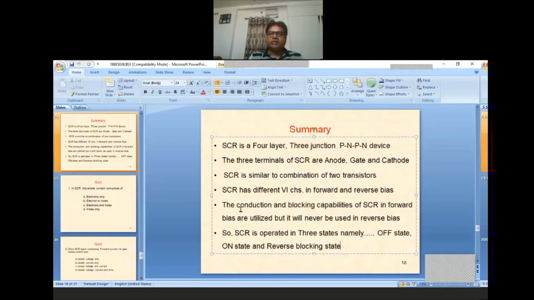The three states are forward blocking and so on. Mainly in the forward bias, the conduction and blocking capabilities of SCR are utilized, but it will never be used in reverse bias as it permanently gets damaged and cannot be reused again. So SCR is operated in three states, namely off state, on state, and reverse blocking state.